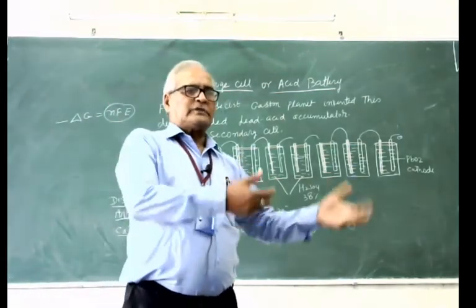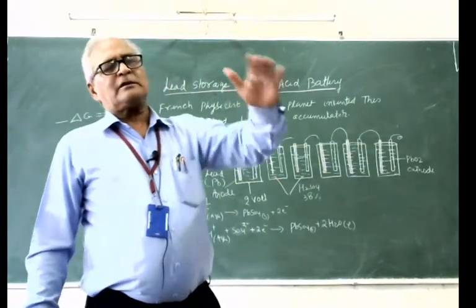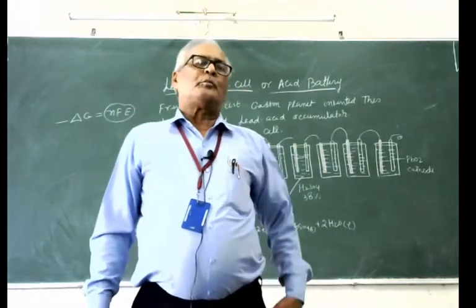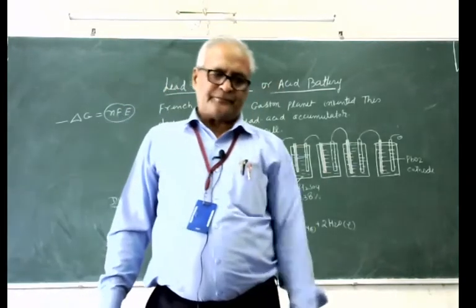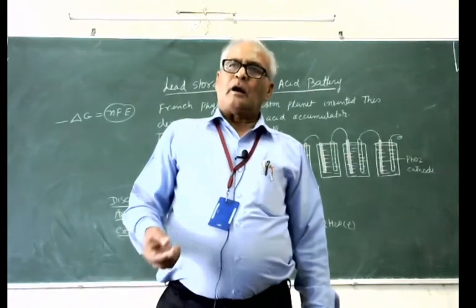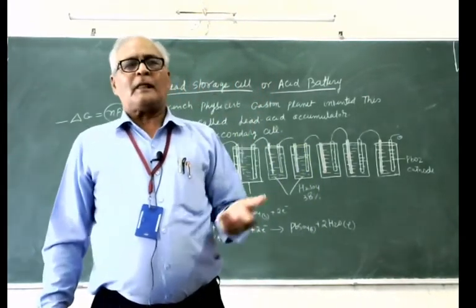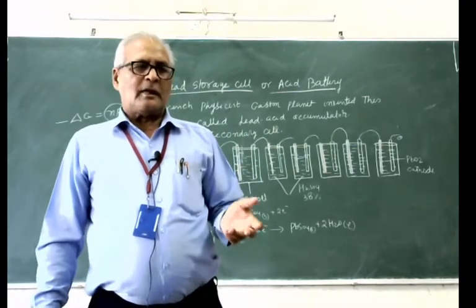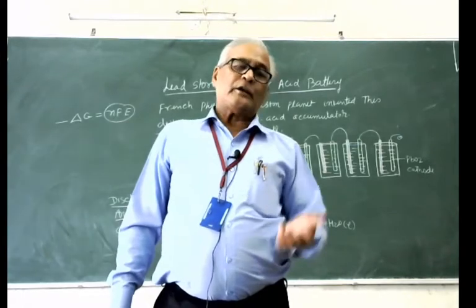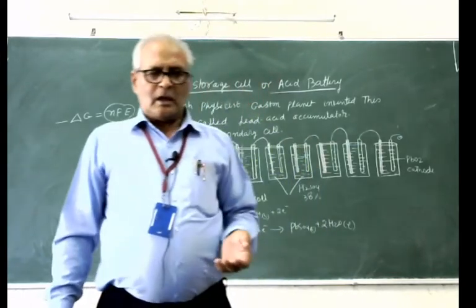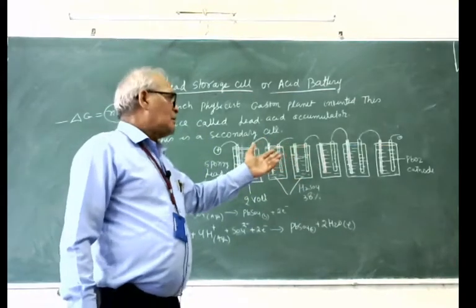He used it for getting constant voltage, a constant electrical supply. We use such batteries in motors, trucks, inverters, etc. And everyone is very familiar with this type of battery.